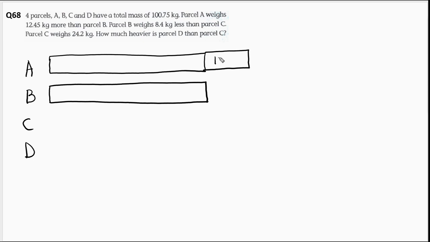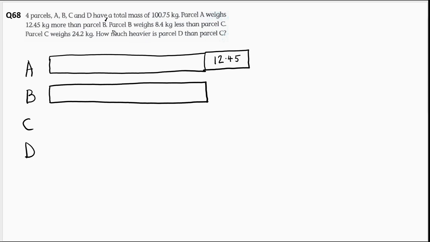Now I'm not going to write in the units just because it clutters up. Okay, 12.45 kilograms more than B. So A is 12.45 more than B, and I'm happy that that's what I've captured here.